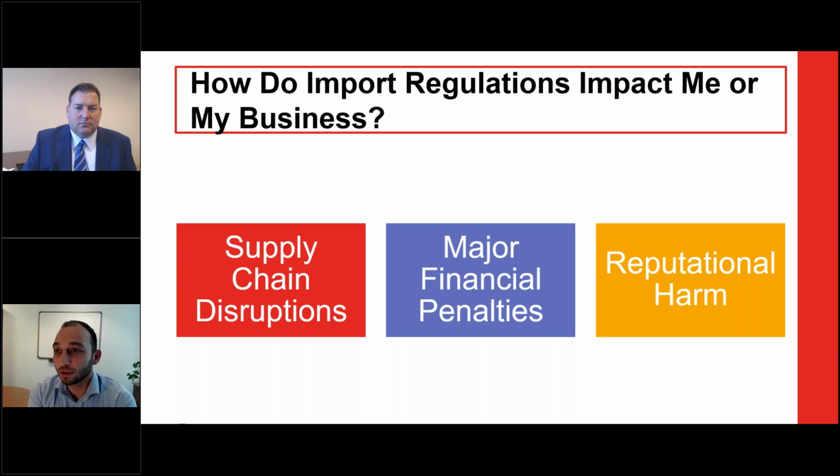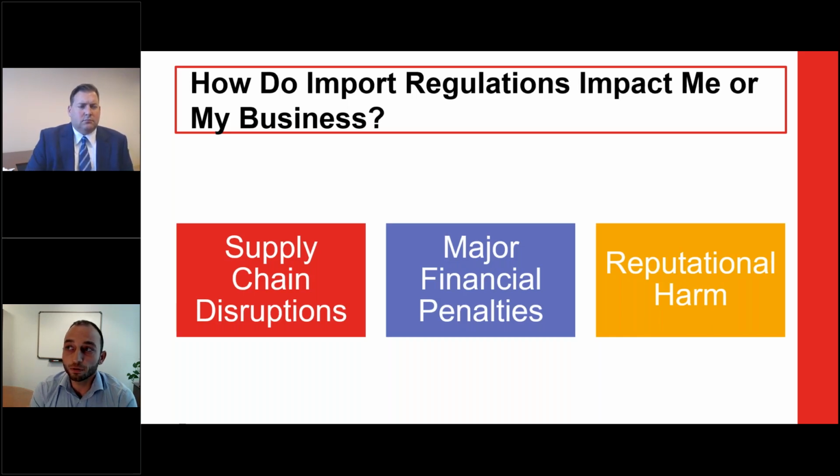As Dan mentioned, we'll talk about the basics of import regulations and issues that come up in day-to-day operations. We will start with a background on why this is important. CBP regulations and import regulations in general have a huge impact on a company's business.